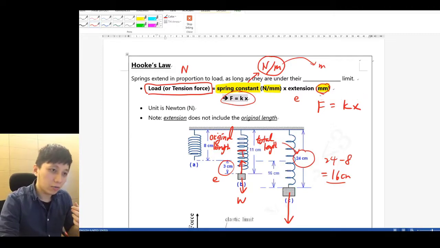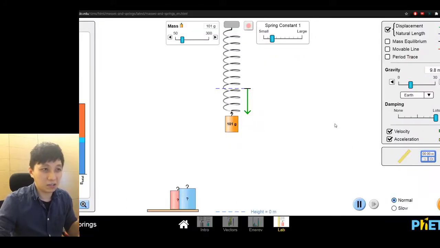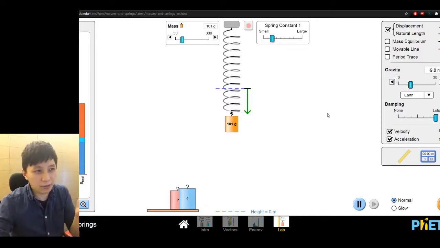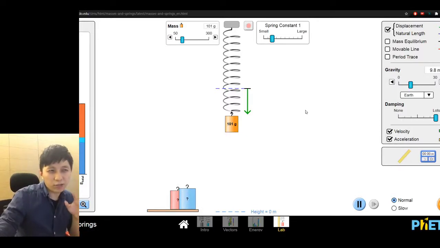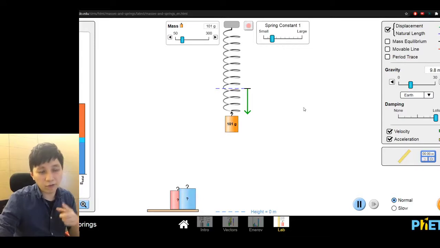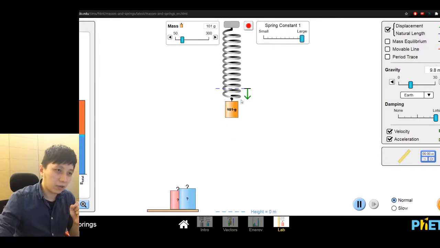And so it's not very normal that we can change the spring constant directly. However, if you really do so in this simulation, we can also try to see whether or not these fit with what our formula predicts. So here, if we make it large, then you can see the extension becomes less.